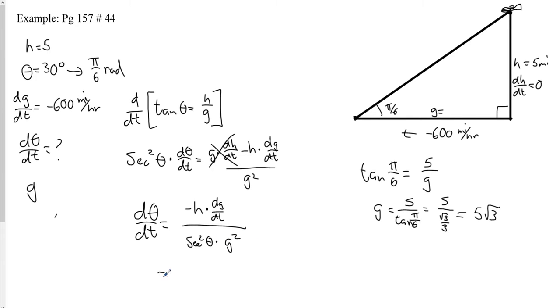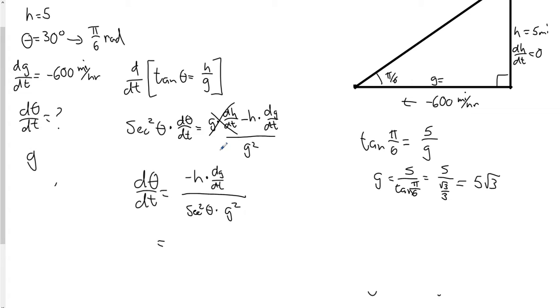Okay, well, let's fill in the blanks. I know what a lot of this stuff is. I know that h is negative 5. I know that dg over dt is negative 600.